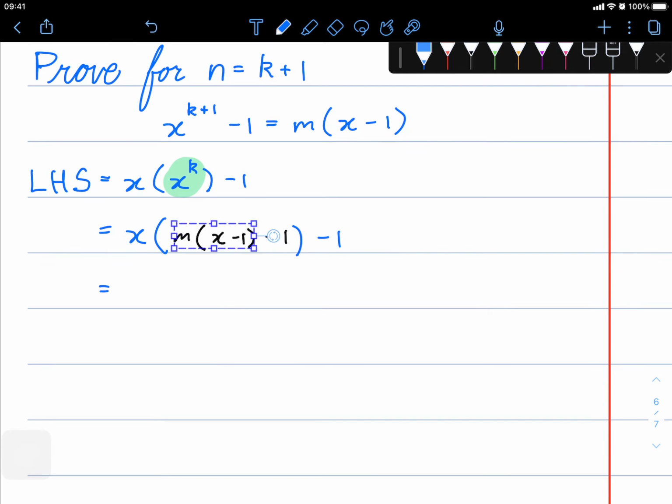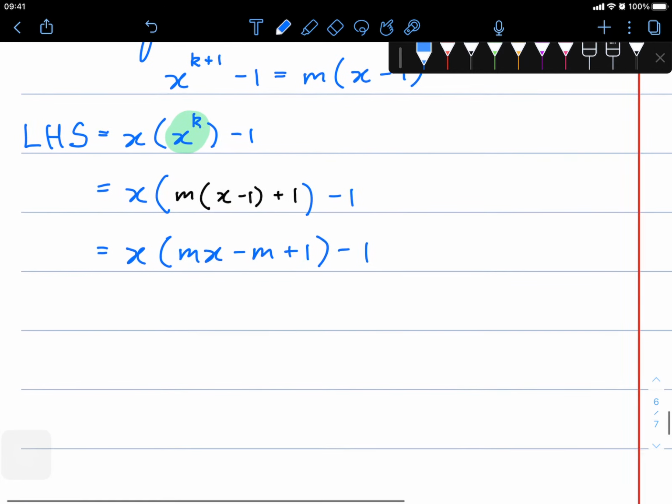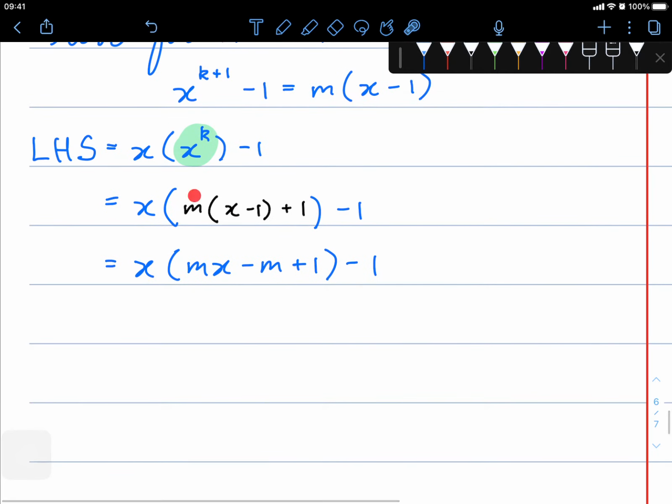Using an iPad I can do fewer steps. So I just expanded that expression, we expanded m, and then I'm going to expand this out. We get mx squared minus mx plus x minus 1.